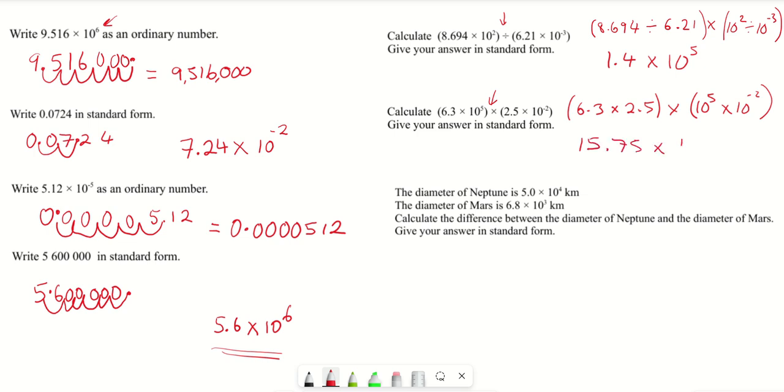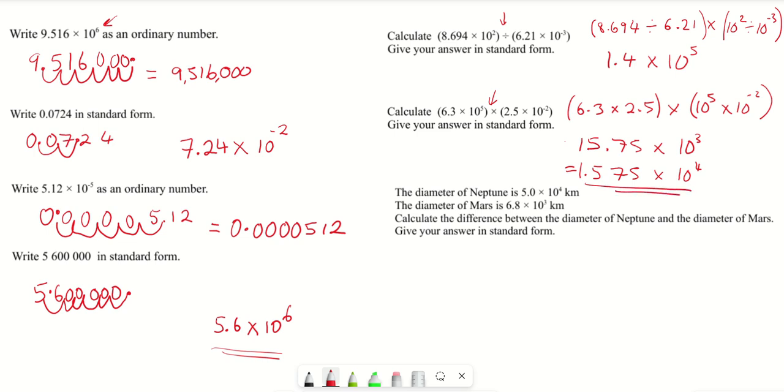And we're going to times by 10 to the power 5 add negative 2, which is 5 take away 2, which is 3. Then we need this between 1 and 10 at the moment. This isn't our correct answer, so we need to move the decimal place once to the left. So we've divided that number by 10. If we divide that number by 10, we need to add a power to this side, so it is now equal. And that is our final answer.